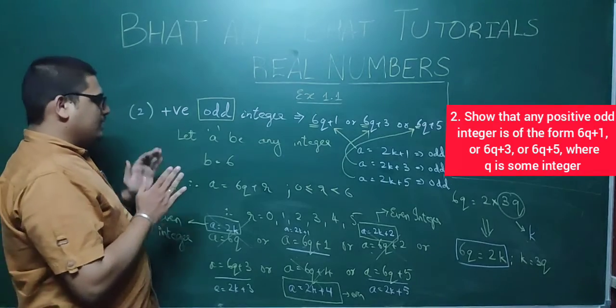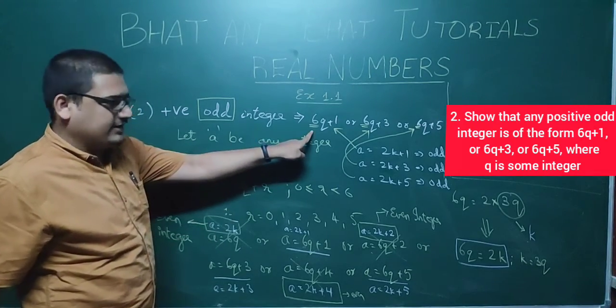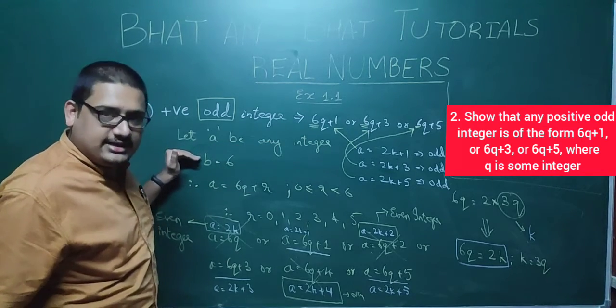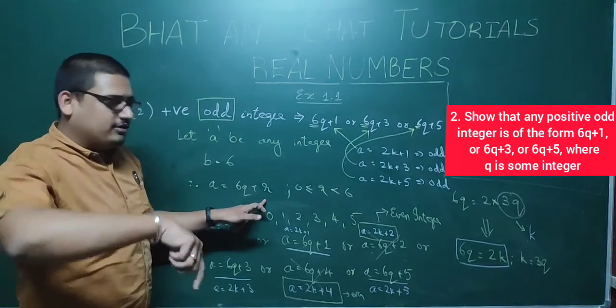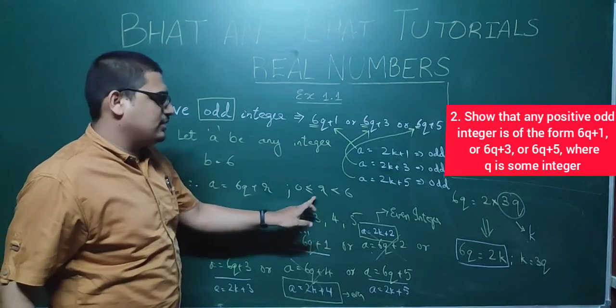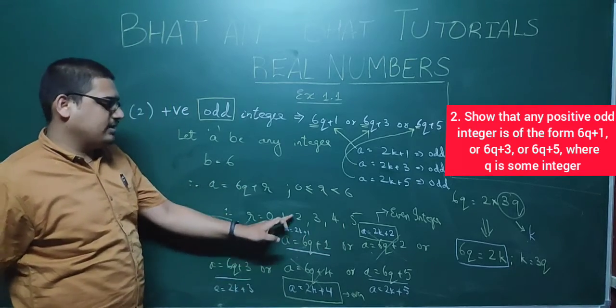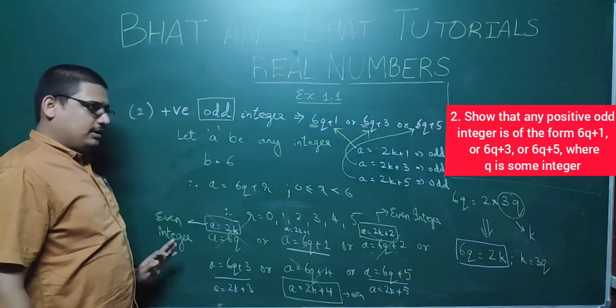We said let a be any integer, b is 6, we took it from the given question. Then we tried to convert that into Euclid's division lemma expression, a is equal to 6q plus r. Using the condition of the lemma, r should be greater than or equal to 0 but less than 6. Therefore, r is equal to 0, 1, 2, 3, 4 or 5, converting that into statements.